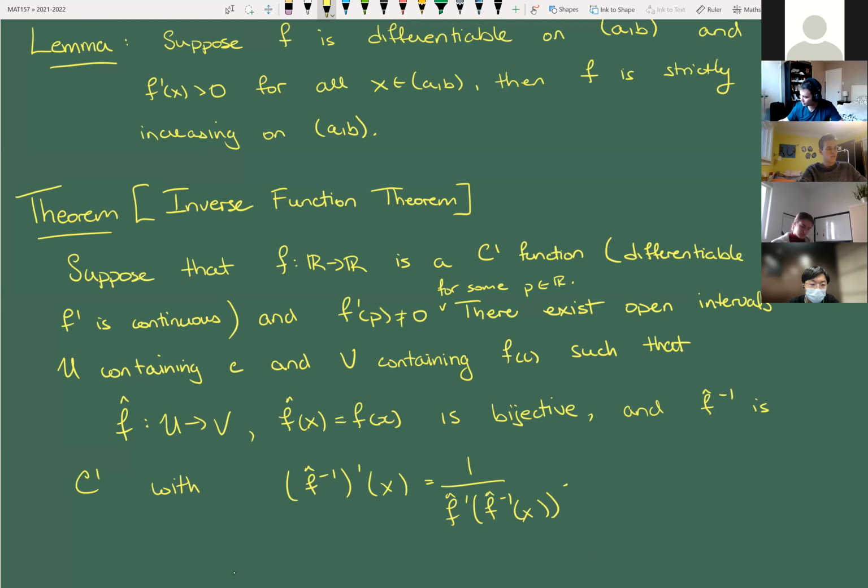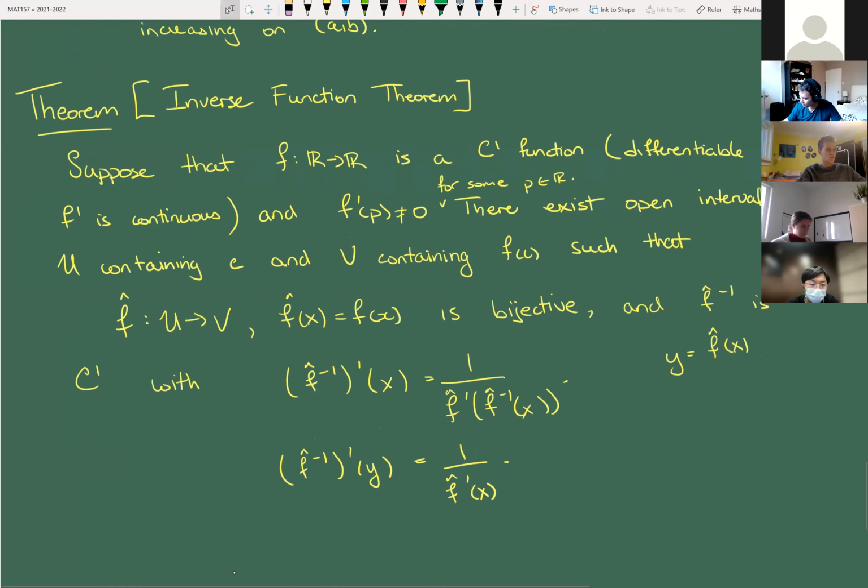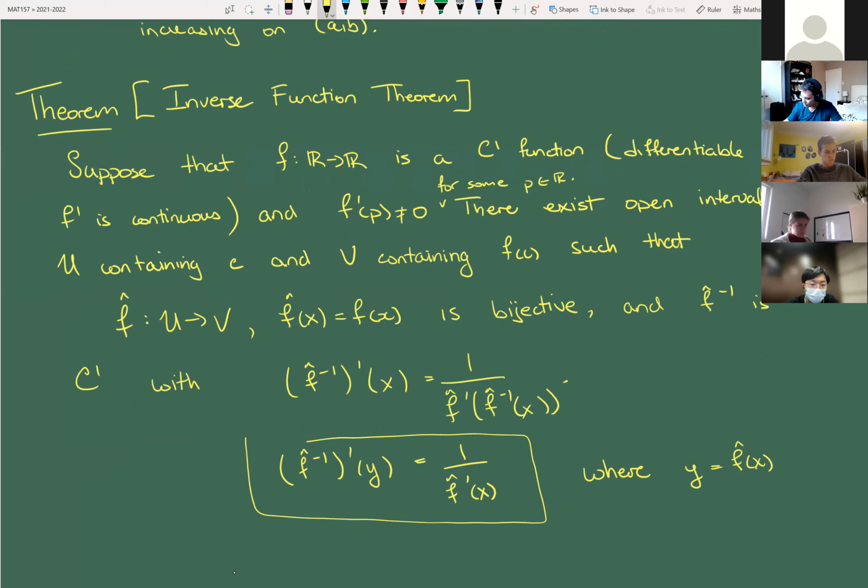Or another way you could do it is if Y is equal to f hat of X, then you could write this instead as f hat inverse prime of Y is equal to 1 over f hat prime of X. So that might be a better way of thinking about it if you prefer. This is nice because it really nicely illustrates what the relationship between X and Y is.